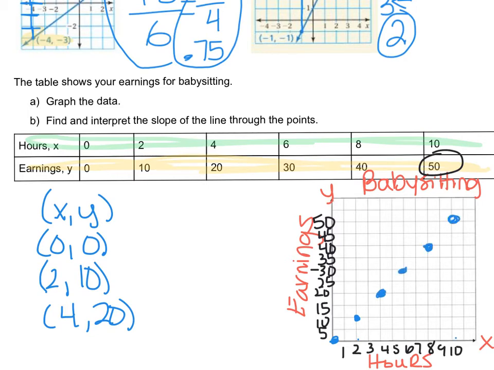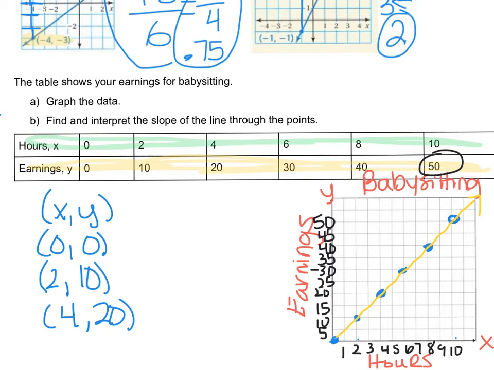Okay, after you graph all those points, that is what you should have gotten. Now, if you look very carefully, and mine's not going to be perfect, you can draw a straight line connecting those points.